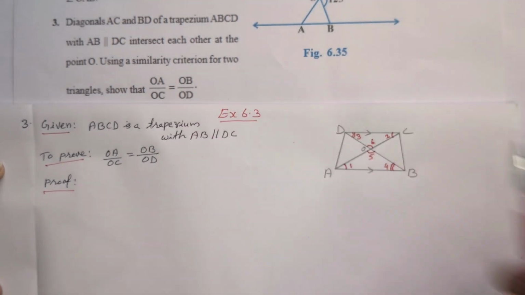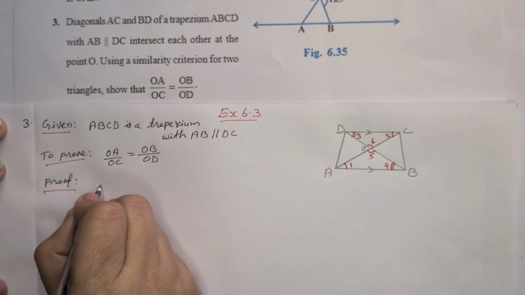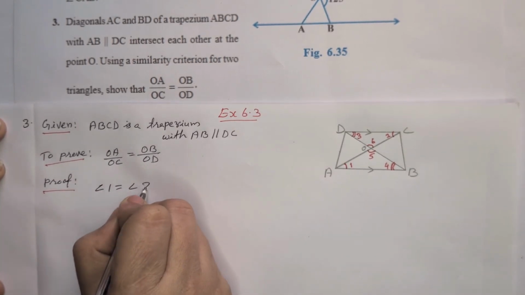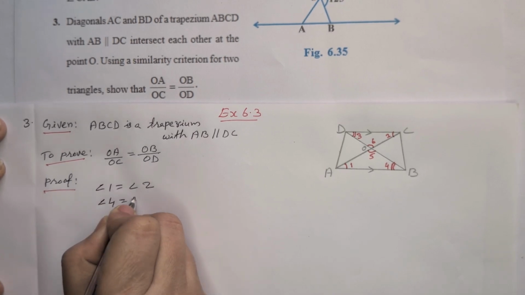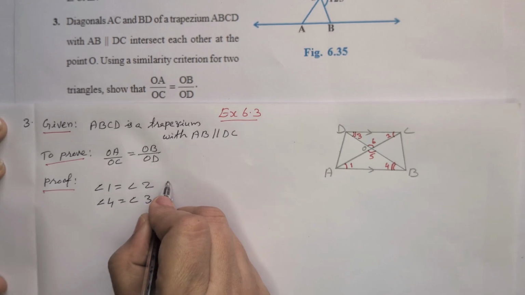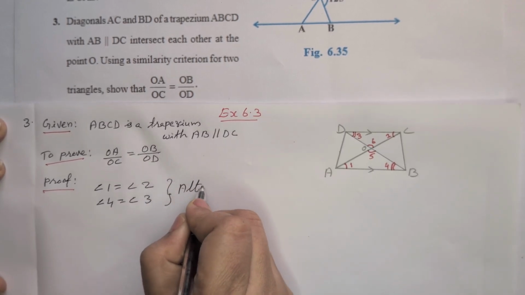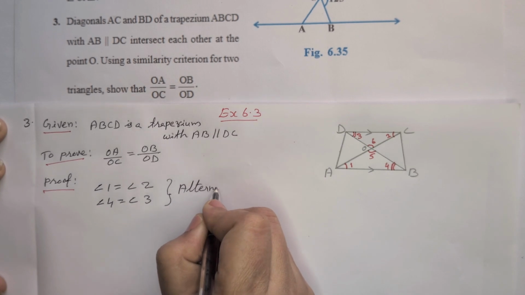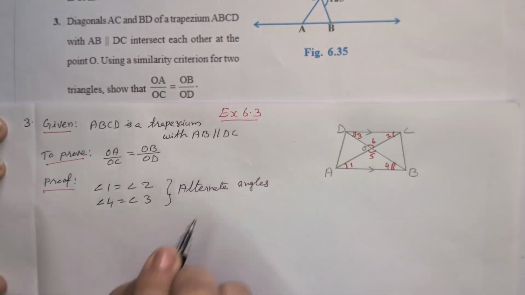After that, we can prove OA by OC is equal to OB by OD. So first we can write here angle 1 is equal to angle 2. Same way, angle 3 is equal to angle 4, these two by alternate interior angles. Alternate interior angles are equal.